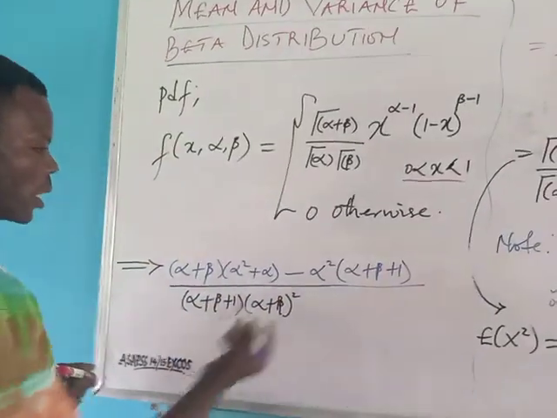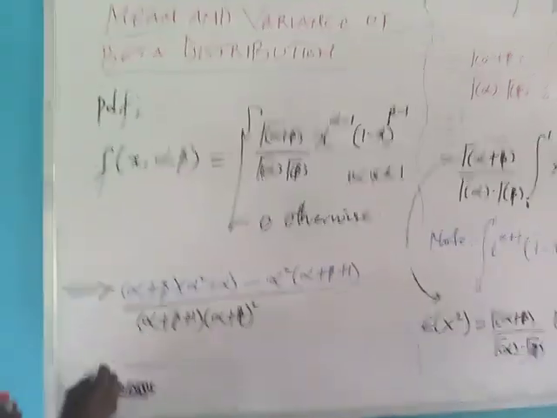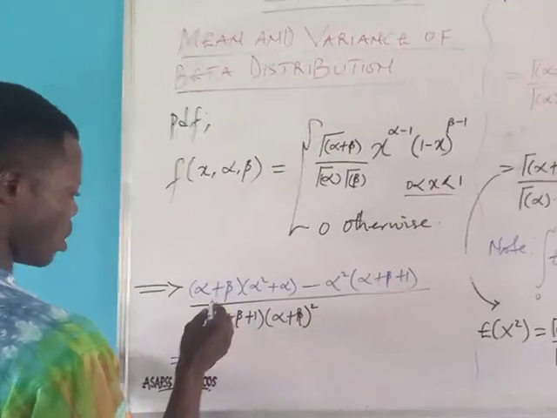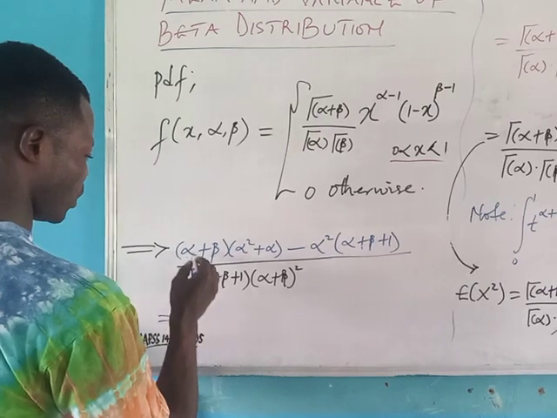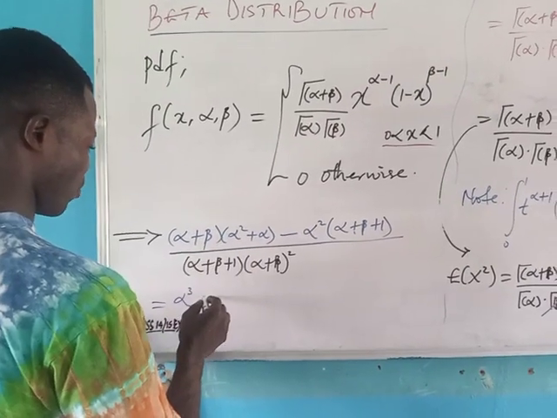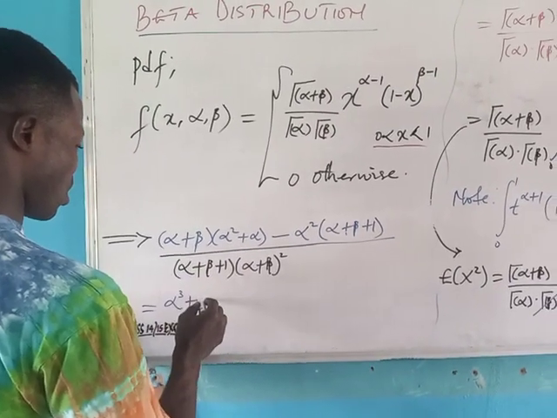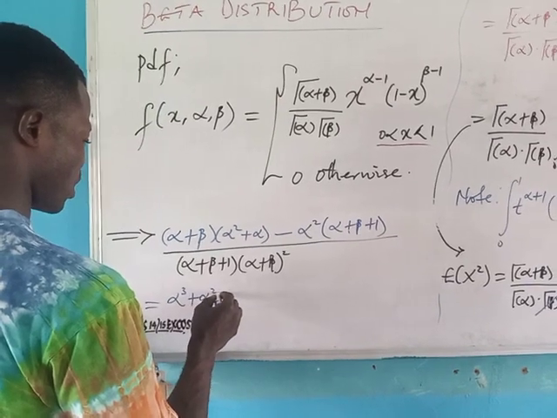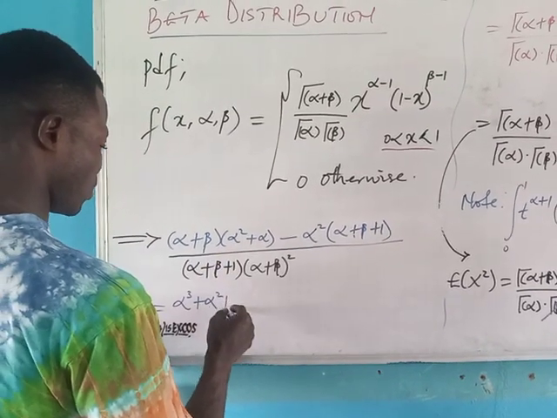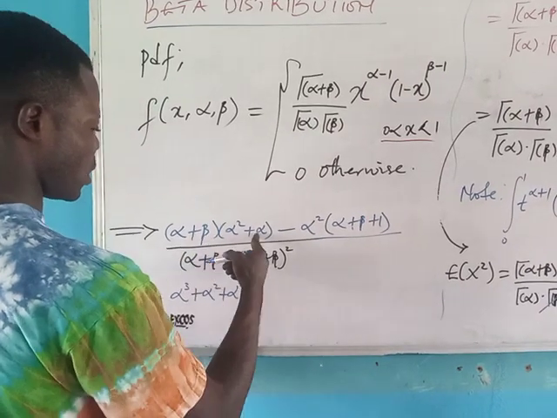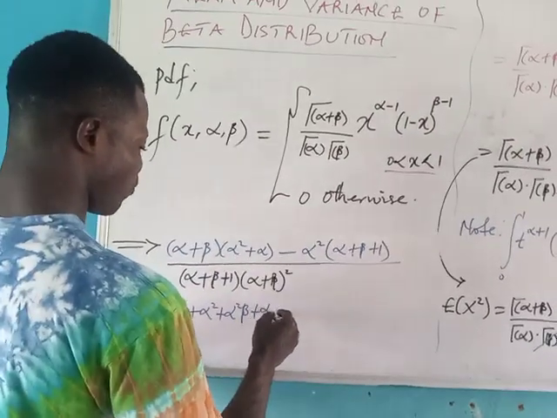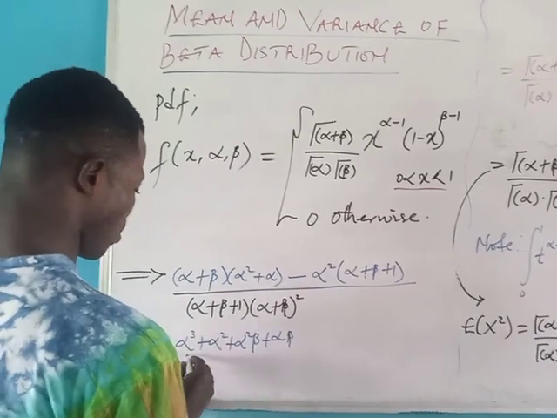Now we can expand this bracket and this to see if we can cancel. This time this will give you alpha cube. This time this will give us plus alpha square. So this time this will give us alpha square beta, and this time this will give us plus alpha beta.